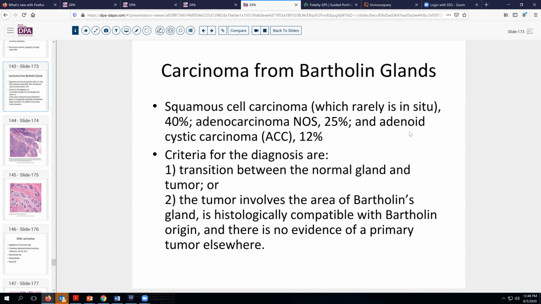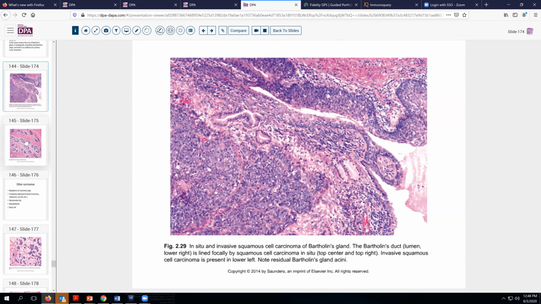And you can see adenoid cystic carcinomas. Again, there's a video about that in this location. So here's a nice example. Here we see a little transition from Bartholin's gland here, and then we see in situ neoplasia and invasive neoplasia, which would be certainly enough to establish the diagnosis of Bartholin's gland neoplasia.